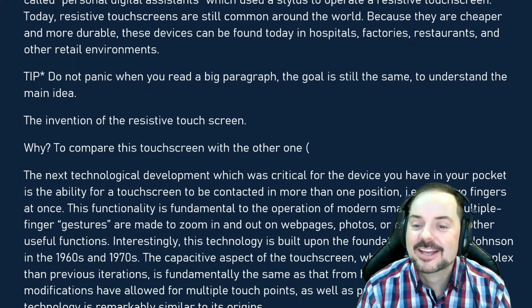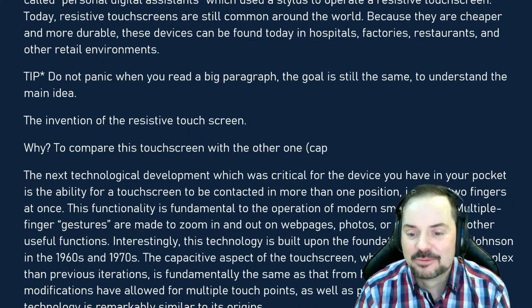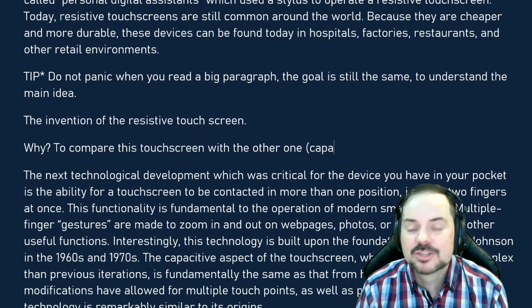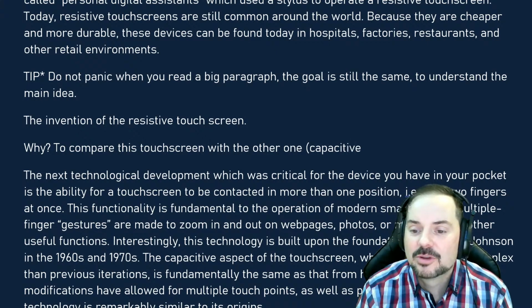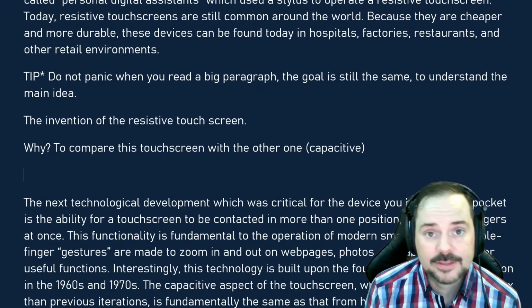You don't have to get stuck on those other details. It's capacitive, like capacity, capacitor, but it doesn't matter if you don't remember the name. If you are an engineering student and you're working on technology, you probably should learn that. But otherwise, don't worry about it too much. To compare with the capacitive touchscreen. Okay, good. That's the right answer.